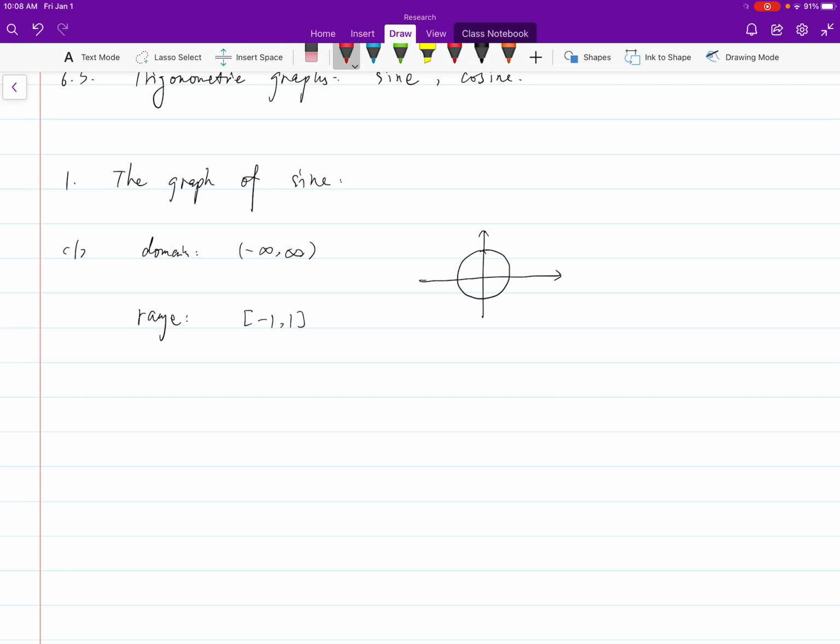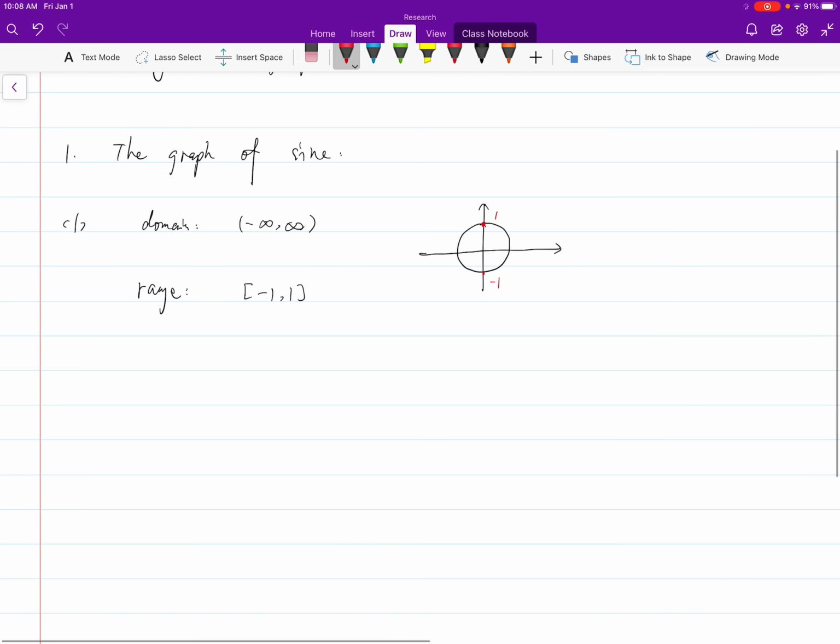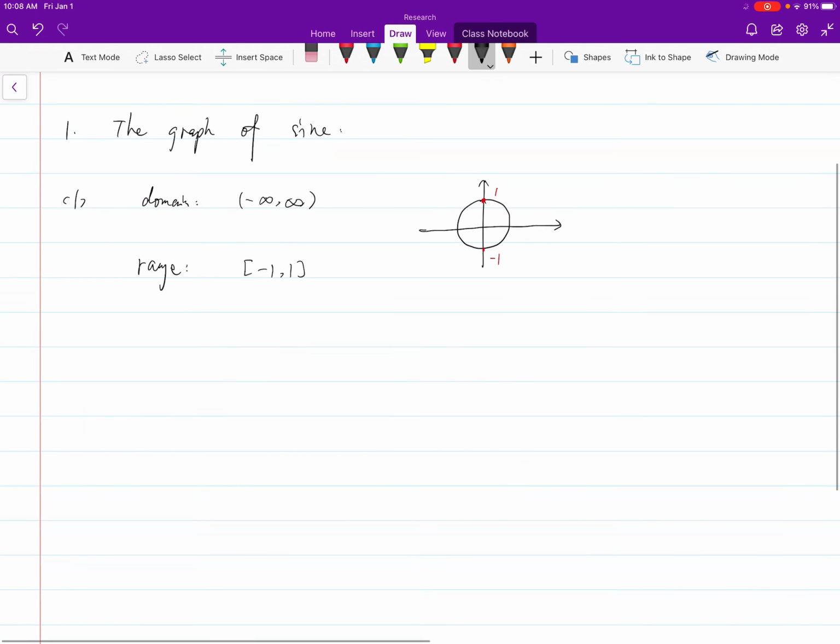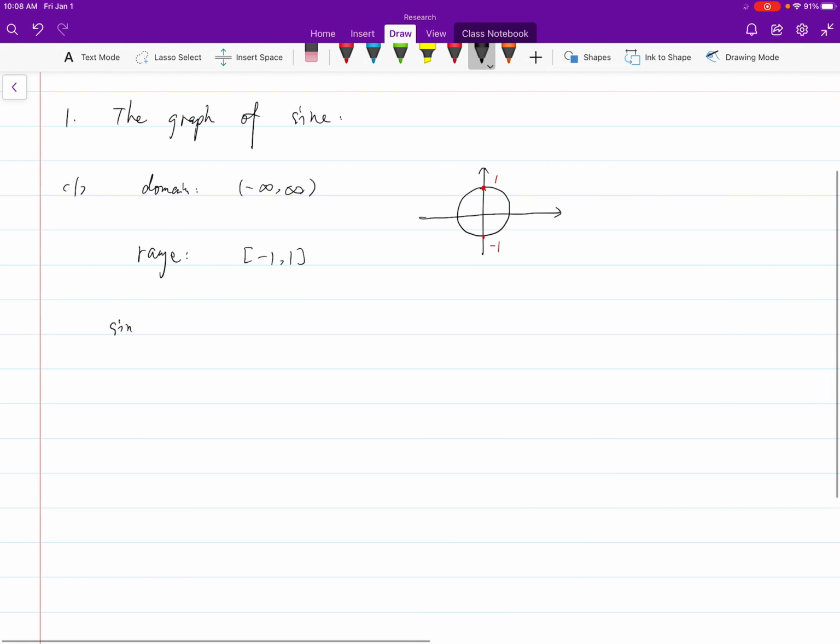The reason is because sine t is on this unit circle, which is the y value. So the top is here, the bottom is here, and you cannot go beyond that because you have to stay on the unit circle. Okay, so it's between negative 1 and 1. Moreover, we know sine x is odd.